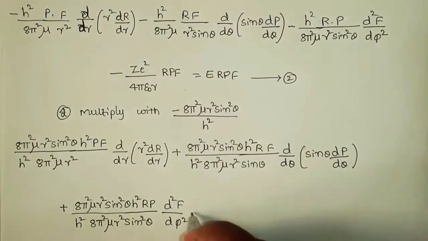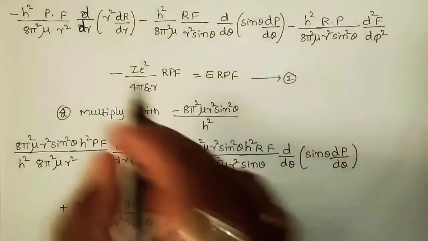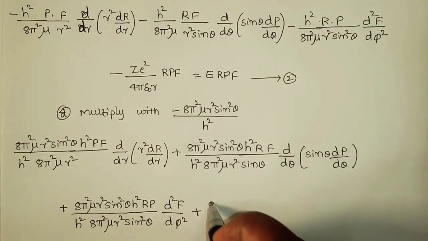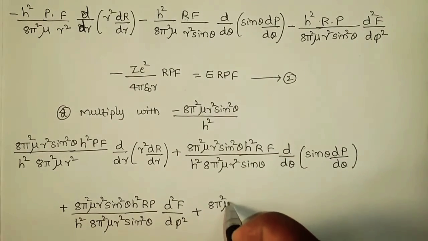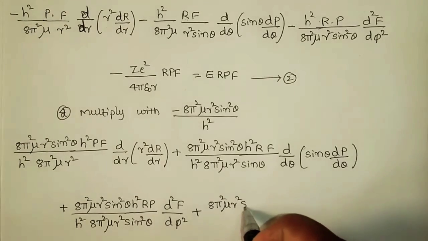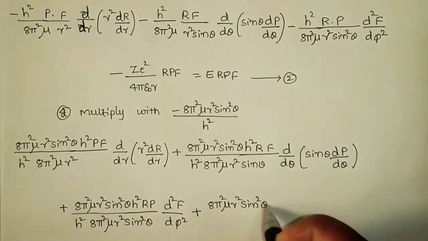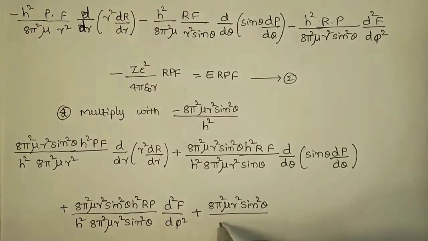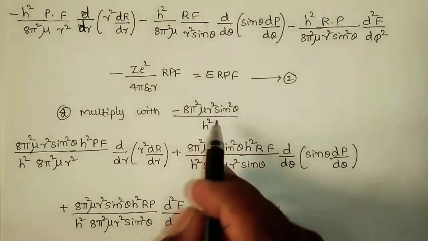And here also we have minus, it will become plus. So 8 pi square mu r square sine square theta by h square. This is the part.